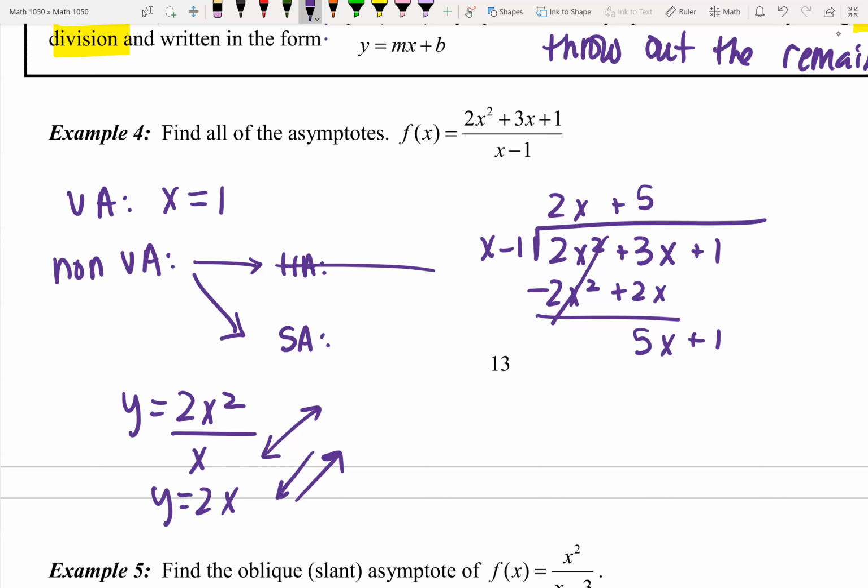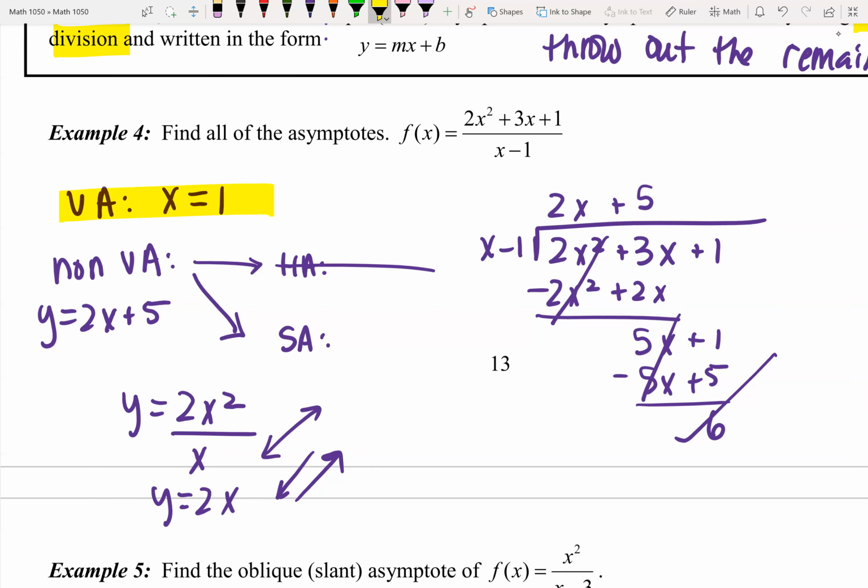That would be a 5. Then I distribute. I get 5x minus 5. Change my signs. Those cancel. I get a 6. What's the 6? How do I know it's the remainder? There's nothing else to bring down. And what do I do to the remainder? I throw it out. So my non-vertical asymptote is y equals 2x plus 5. That's my answer, and I'm done.